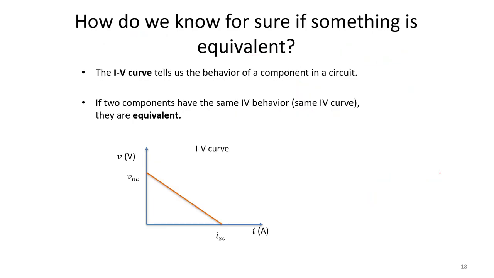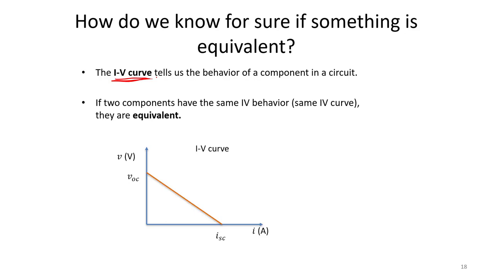Okay, so we reviewed sources and we reminded ourselves what ideal and non-ideal behavior looks like. But how do we know for sure if something is equivalent? In the circuits lab, what we typically do is use something called the IV curve. The IV curve tells us the behavior of a circuit or a circuit component across a range of voltage and current conditions.